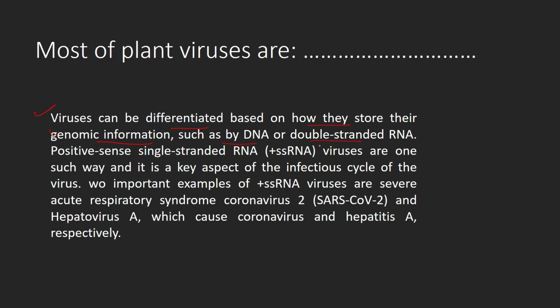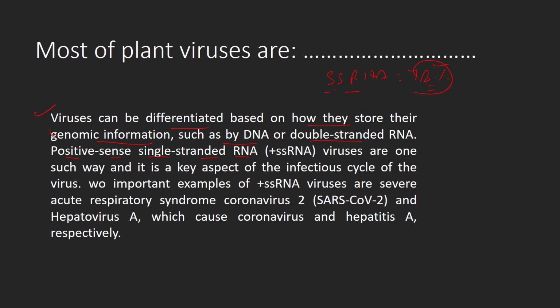So I told you here that SS RNA is 78% of most of the viruses. So what is this SS? Here you can see positive sense single strand RNA. SS means single strand RNA, and they are 78%. Most of the viruses are positive single strand RNA.